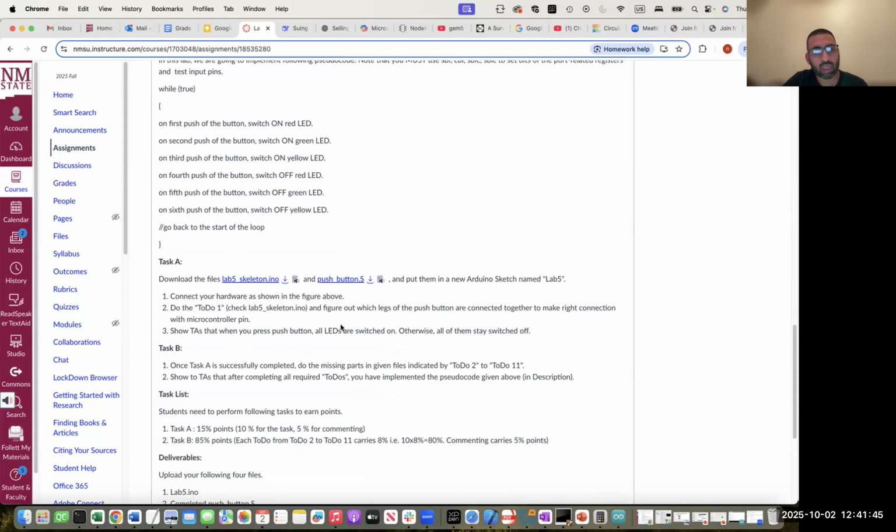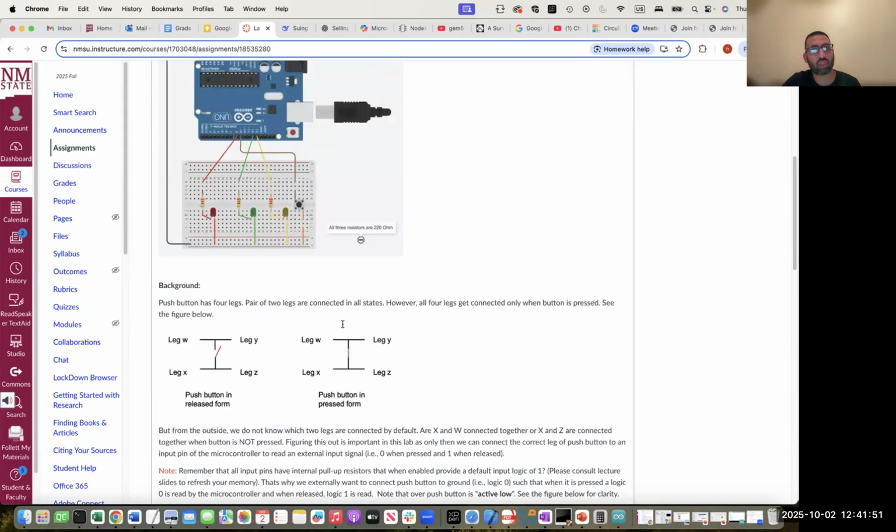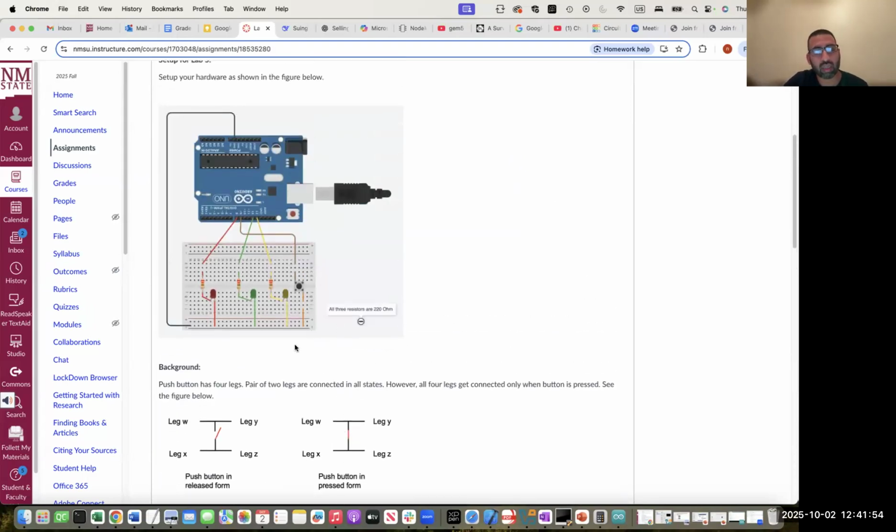Simply download them, and first you need to make the connection just like shown in this figure here. Everything is the same as in lab 3, with the only additional thing that the push button is connected with pin 9 on one side, and on the other side it is connected with ground, right?